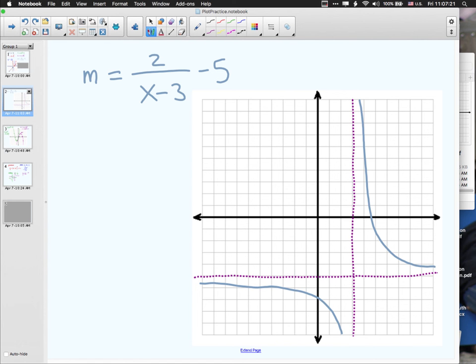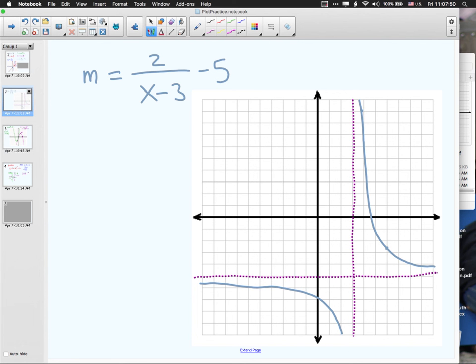So 2 means everything's multiplied by 2. So this point here is farther up than it used to be. This point here is farther up than it used to be.